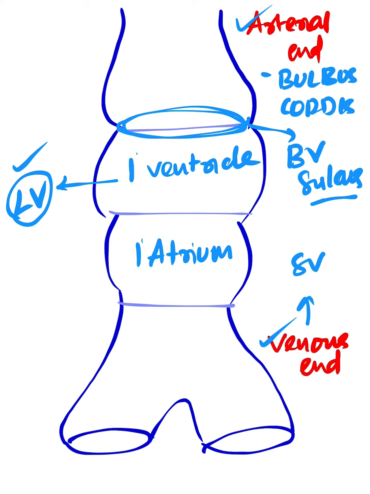So the right ventricle is formed by the proximal one-third of the bulbus cordis and the left ventricle is formed by the primitive ventricle. Between the primitive ventricle and primitive atrium there is another junction called the atrioventricular canal. Now let us see what happens to this primitive atrium and atrioventricular canal.